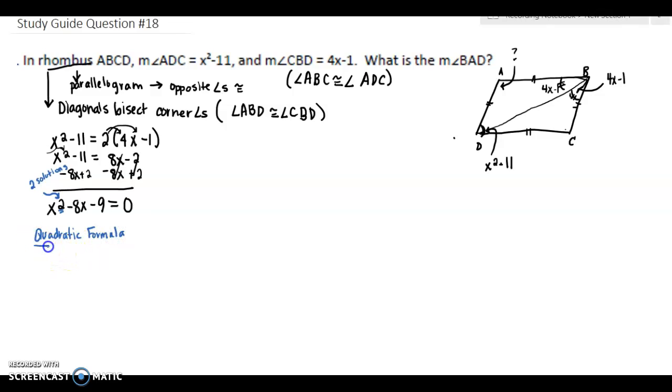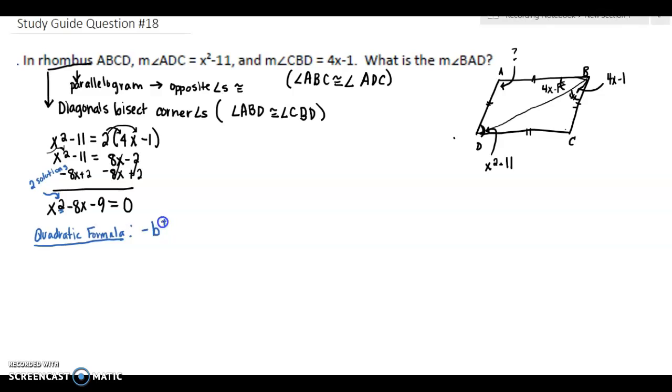For those of you who took Algebra 1 at the high school, this is probably what you're more comfortable with. You'll go over this again in Algebra 2, and this will be your best friend in Algebra 2. For those of you who took Algebra 1 at the middle school, you'll probably be more comfortable with factoring, and I'll show you that after this. The quadratic formula is just a formula. It's big, long, and scary, but it's really good.